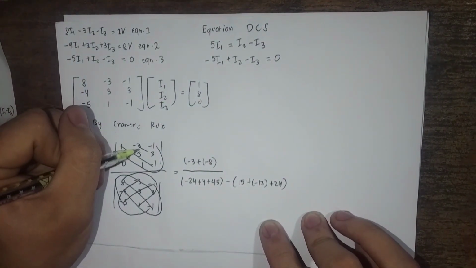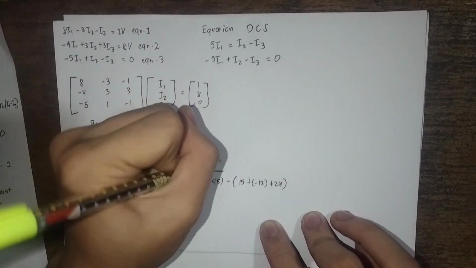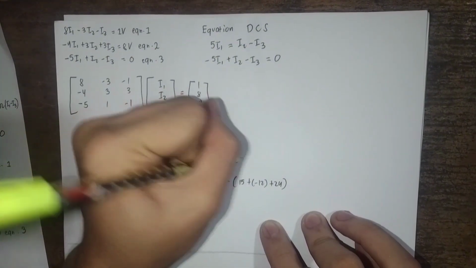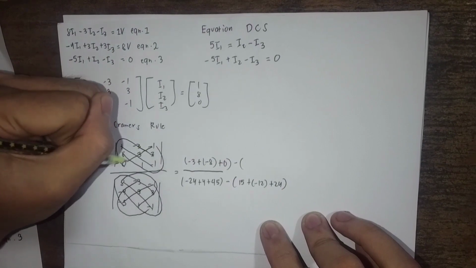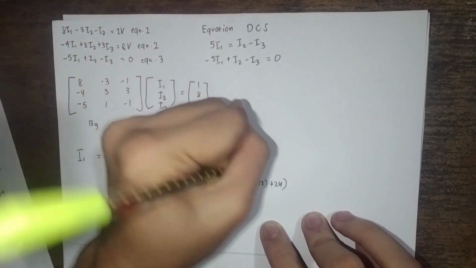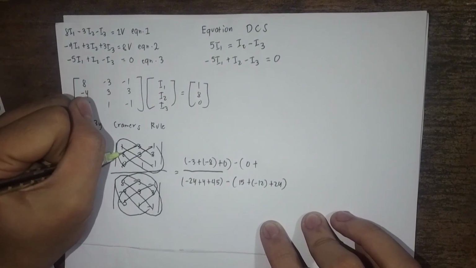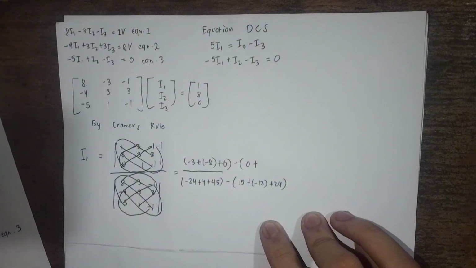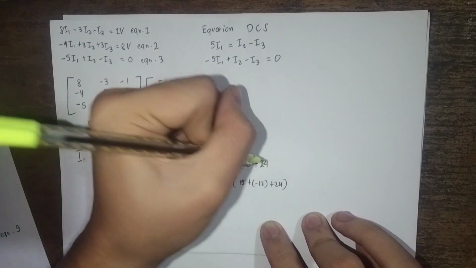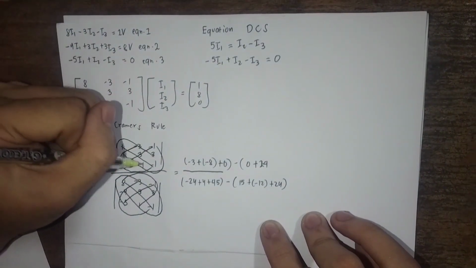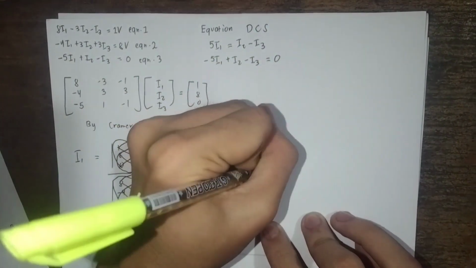Next is 3 times negative 3 times 0, which is 0, minus its counterpart, negative 1 times 3 times 0, which is 0, plus negative 3 times 8 times negative 1, which is 24. Lastly is 1 times 3 times 1, which is 3, so plus 3.